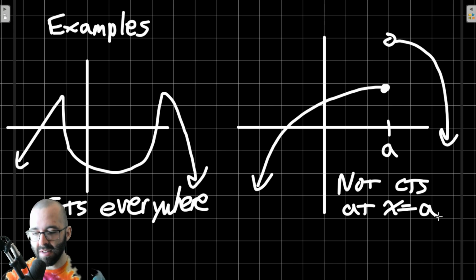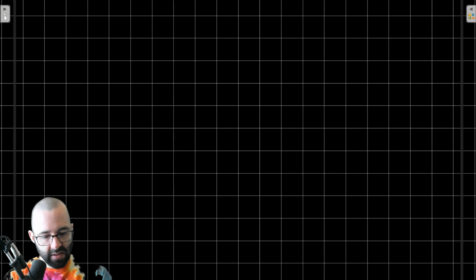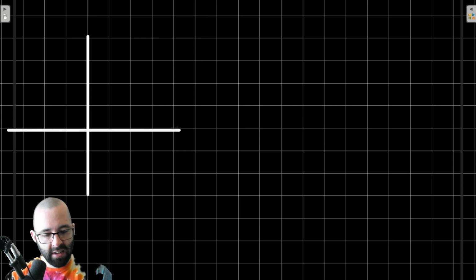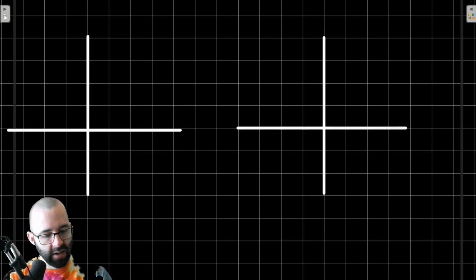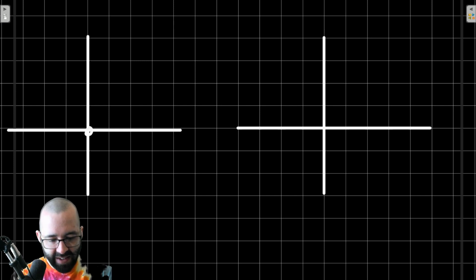All right, so these are just some examples. I'll give you some more. This next one is a pretty famous function. It goes over here, it's flat, and then it goes like this.